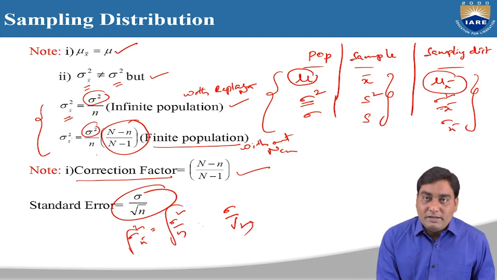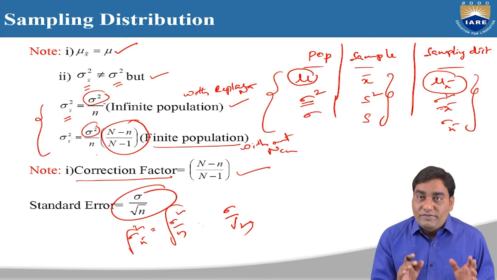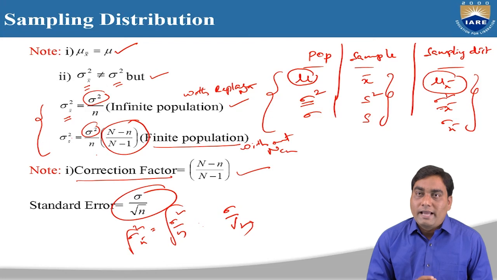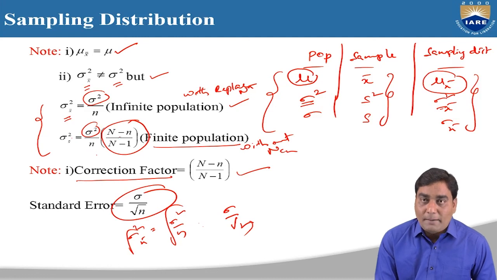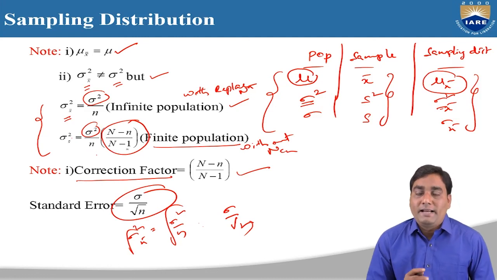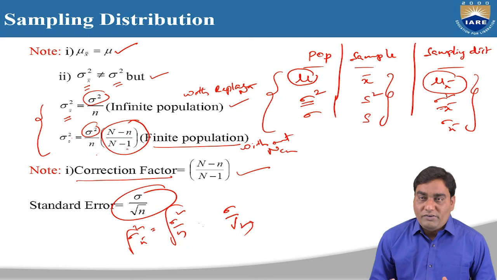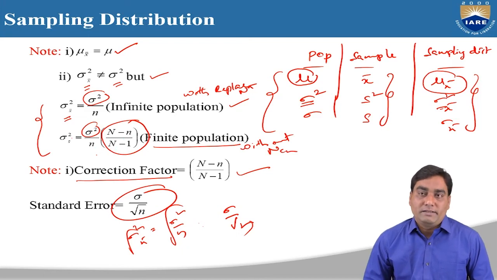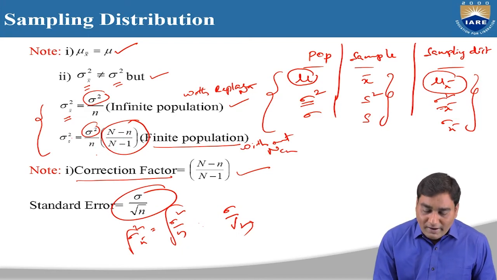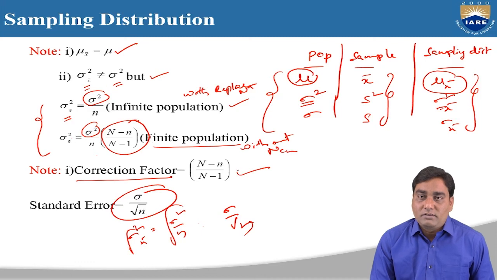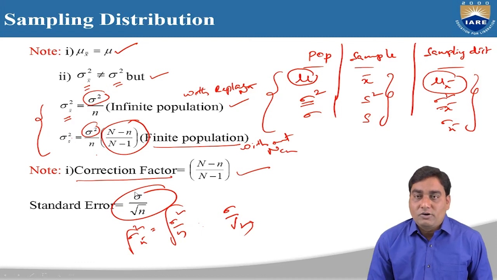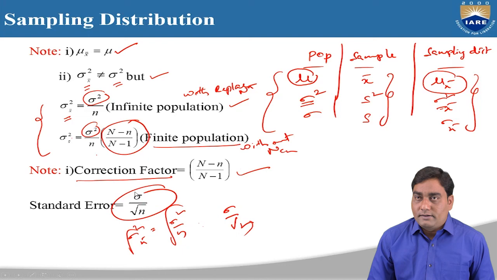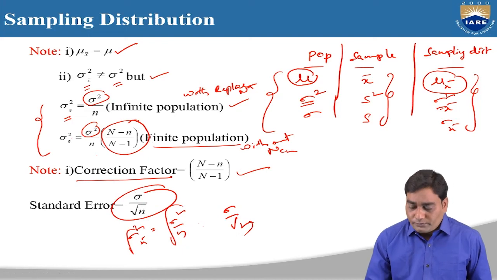The variance of the sampling distribution is equal to the variance of the population by n in the infinite population case. For the finite population or without replacement case, it is sigma square by n into capital N minus n by capital N minus 1. So this extra part we call the correction factor, and sigma by root n we call the standard error.